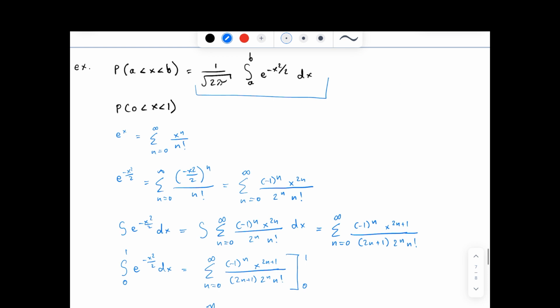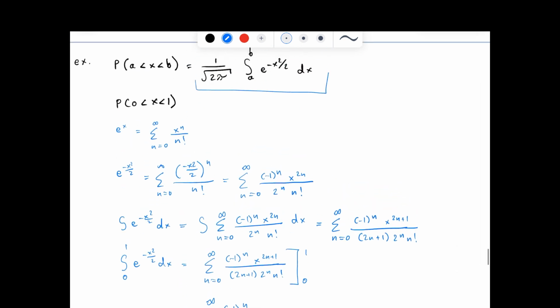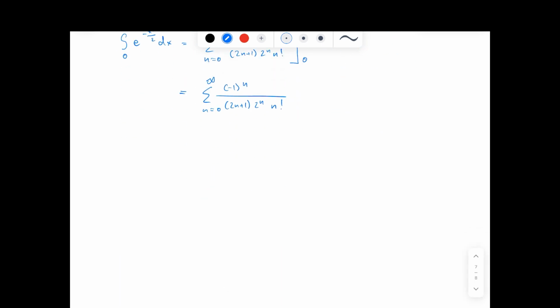Finally, to account for that constant of 1 over the square root of 2 pi in the given expression, we're going to say that 1 over the square root of 2 pi times the integral from 0 to 1 of e to the negative x squared over 2 dx is 1 over the square root of 2 pi, the sum from n equals 0 to infinity of negative 1 to the n over 2n plus 1 times 2 to the n times n factorial.